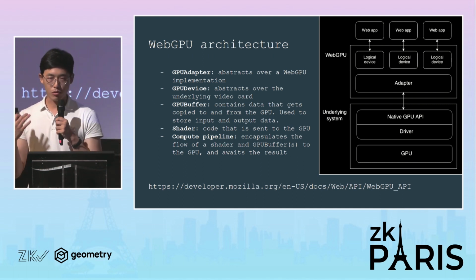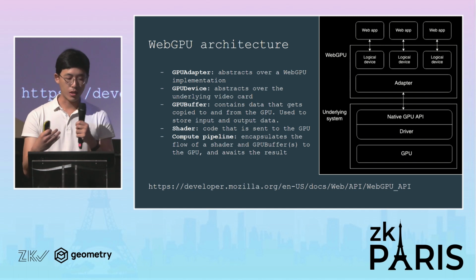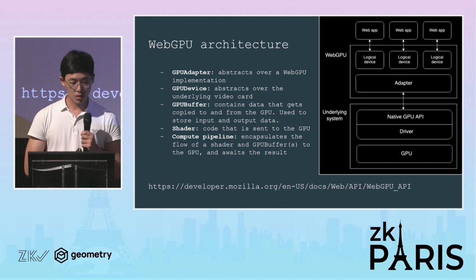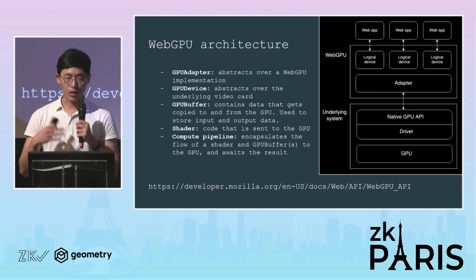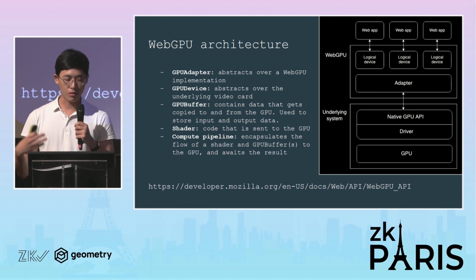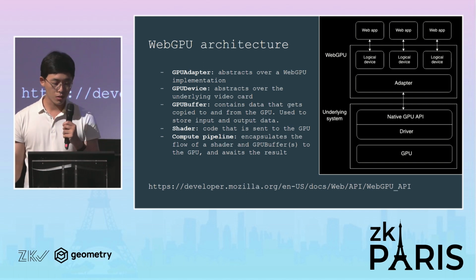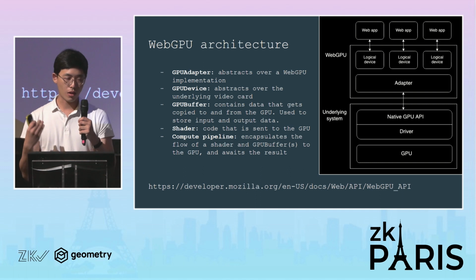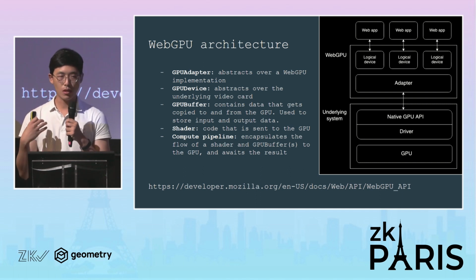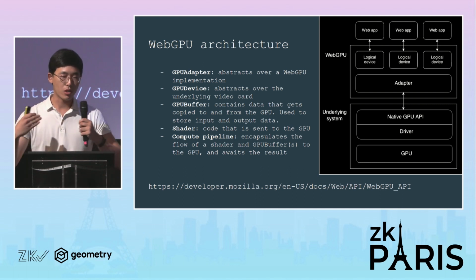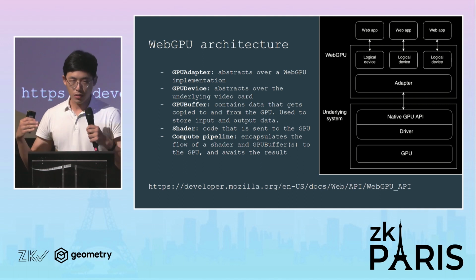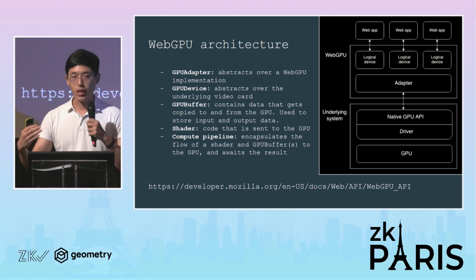There are abstractions over, for example, an adapter. A GPU adapter is an abstraction over a particular implementation of WebGPU in the browser, and it provides you with an abstraction over the device called GPU device. GPU devices can have buffers, storage buffers, staging buffers. These are abstractions over ways that developers can read and write data into the GPU.